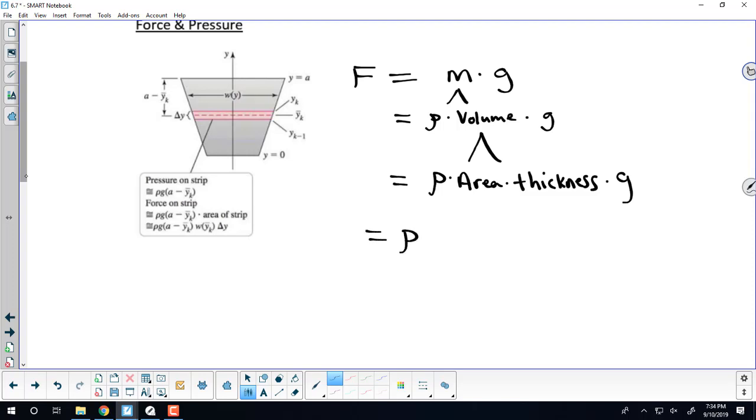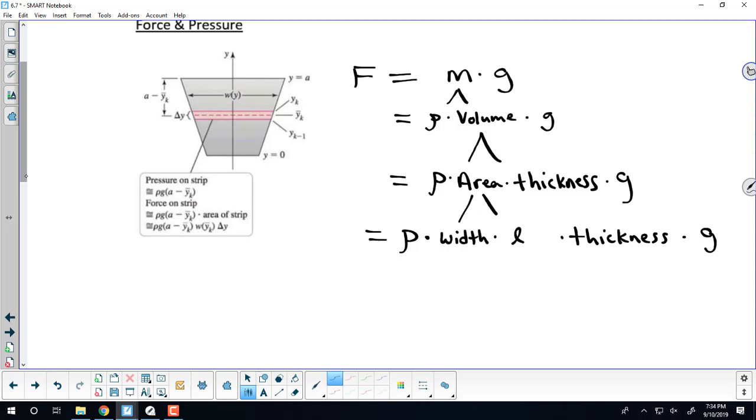So this will then be our density times our area, which we'll say is width. So I don't know how we want to say that. Let's think about it. Times thickness times gravity. Maybe let's think about it as the area is the length times width.